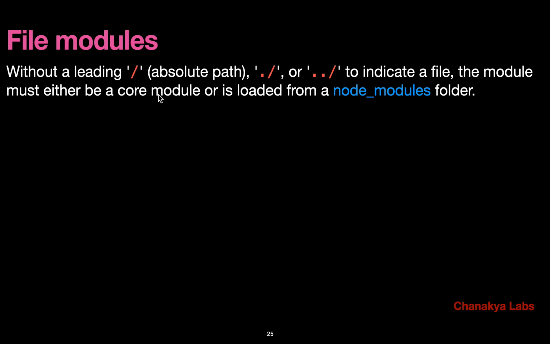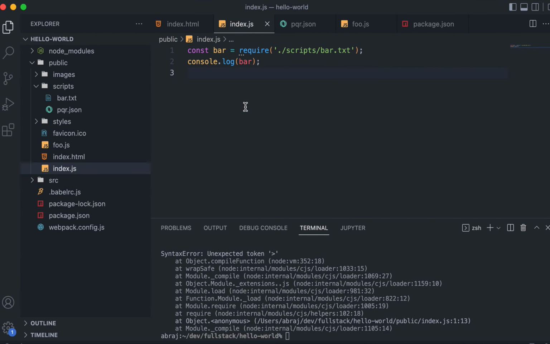And we discussed earlier that whatever we are requiring, if it is starting with slash, dot slash, or dot dot slash, then these three things are saying that this is related to something local, right?